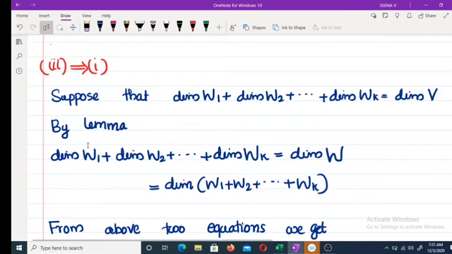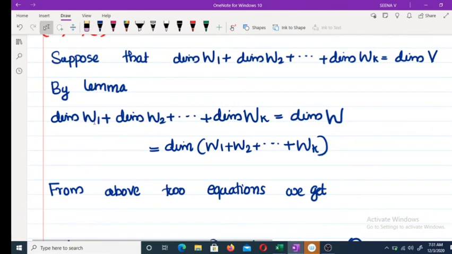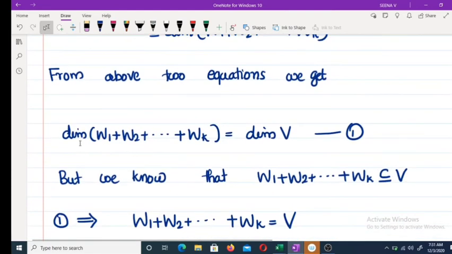By the lemma, the dimension of W1 plus etc. plus dimension of Wk equals the dimension of W, where W is W1 plus W2 plus etc. plus Wk. But here the right-hand side is the dimension of V, so we get the dimension of W1 plus etc. plus Wk equal to the dimension of V.